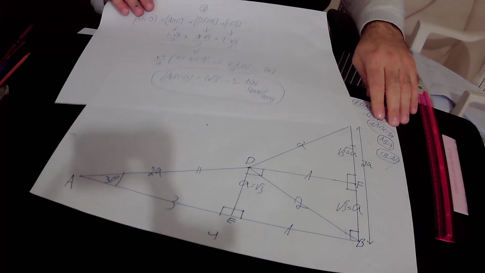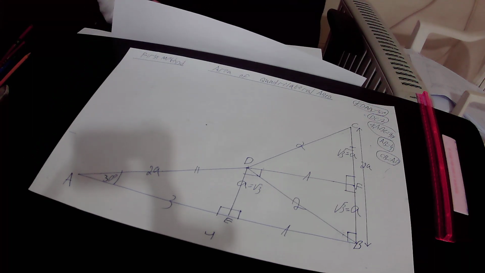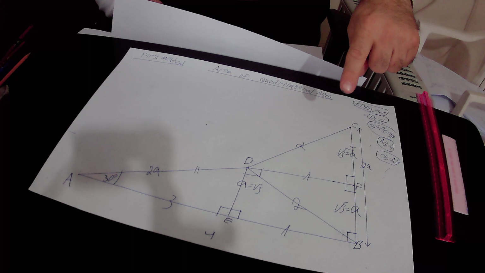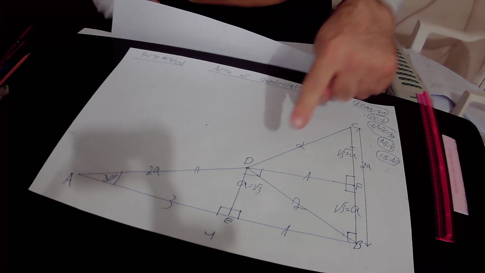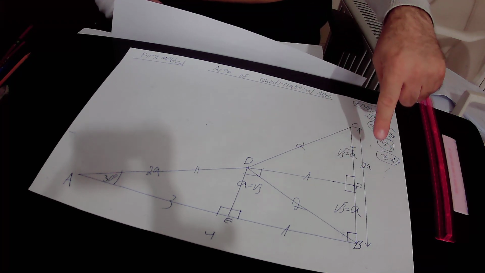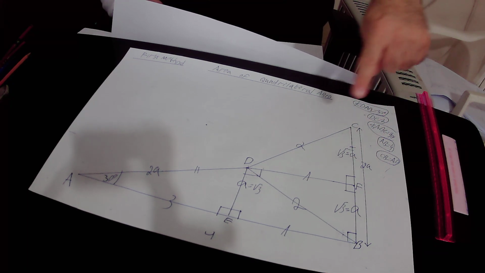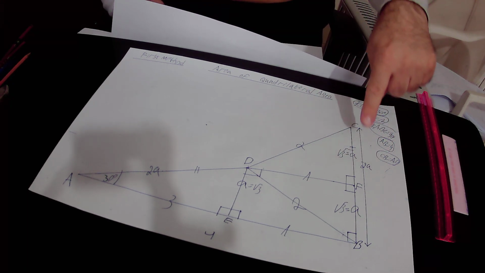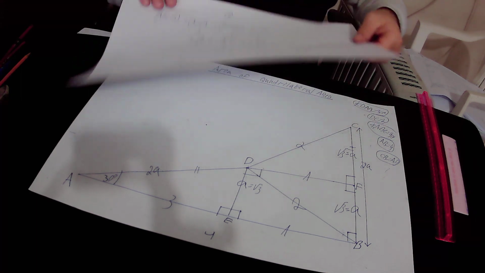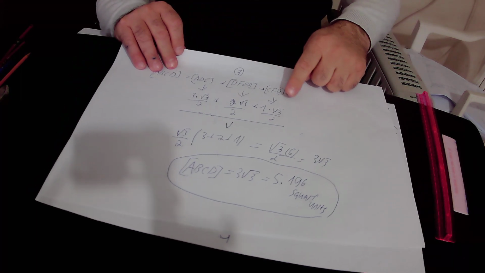The area of the right triangle CFD equals the base, that is DF, times the height, that is CF, over 2. DF is 1, CF is square root of 3, so it is 1 times square root of 3 over 2.